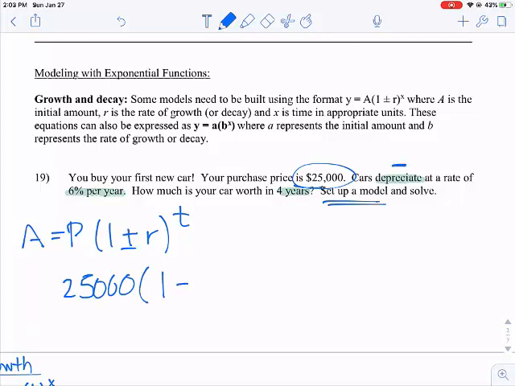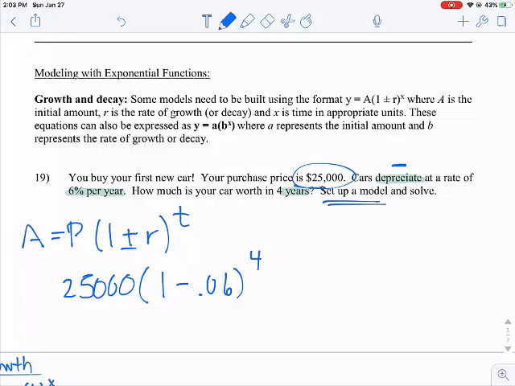It says 6%, so I use 0.06, and it says 4 years, so I use 4. So I'm going to go ahead and substitute all of those values in. Once you do that, you have actually solved the problem and found out how much your car is going to be worth in 4 years.